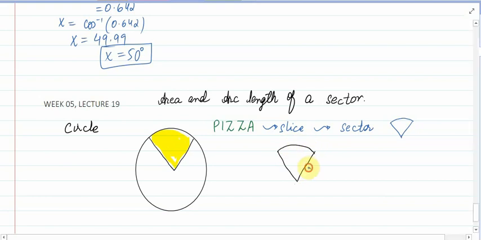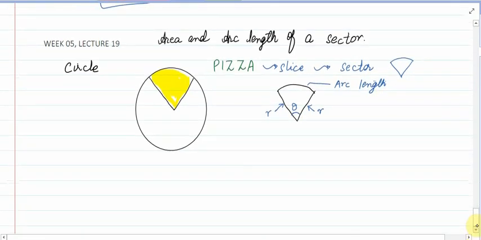In a sector, this length is radius, this length is radius, that is the angle theta, and this length is called the arc length, right? This is the arc length.